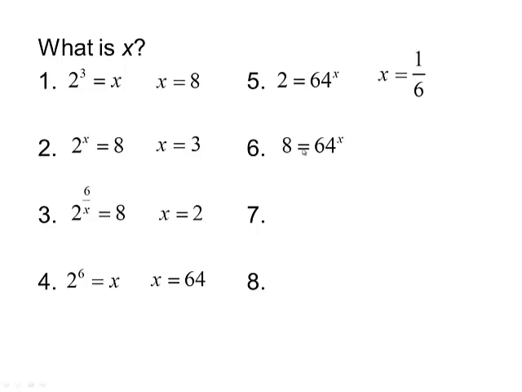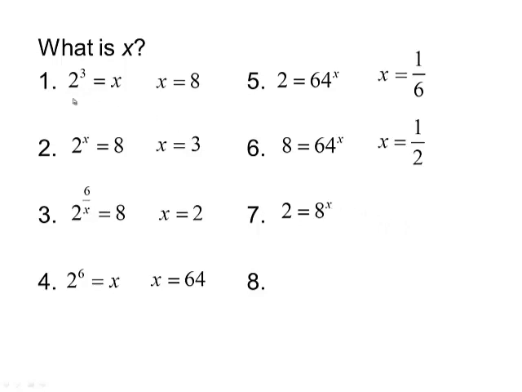Now what about 8? 8 is equal to 64 to what exponent? Well, we know that 8 squared is 64, so we know that the square root of 64 is 8, or x is equal to 1/2. What about 2 is equal to 8 to what power?